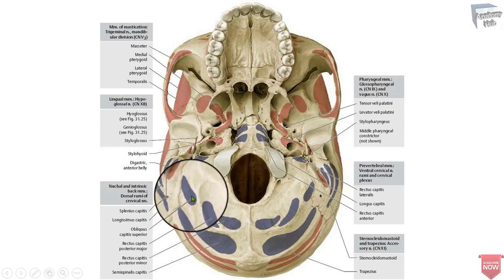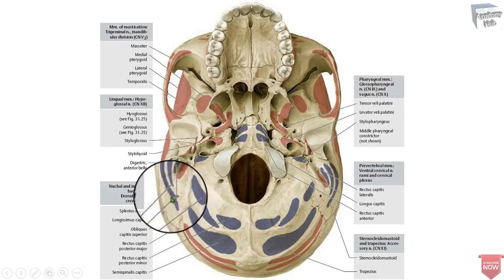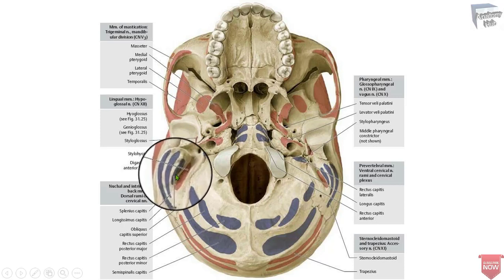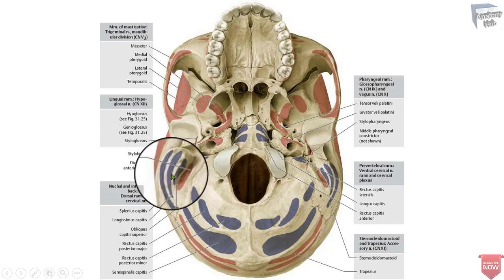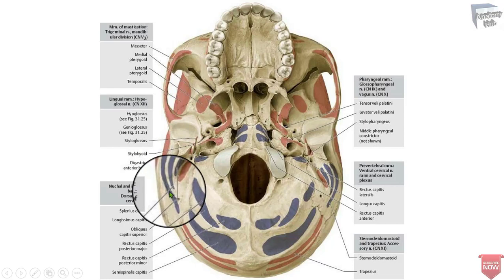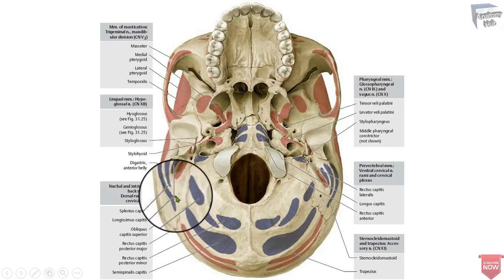Here you will find the obliquus capitis superior, and here you will find the longissimus capitis and the splenius capitis, and outside to that you will find the sternocleidomastoid muscle.